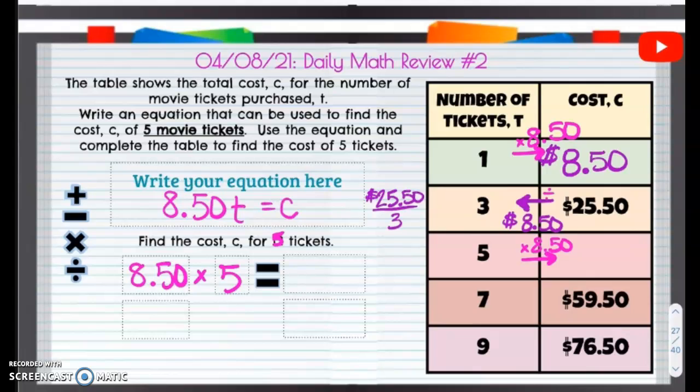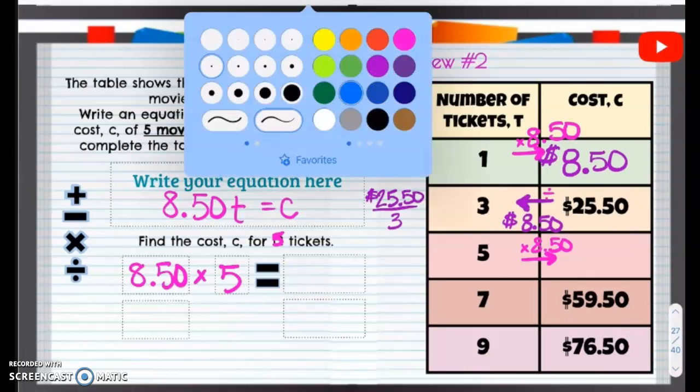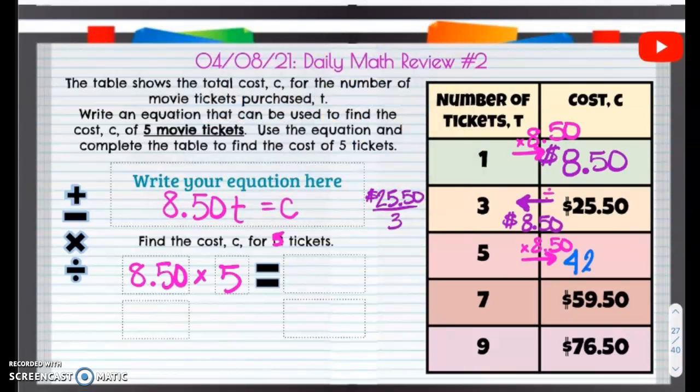If we do $8.50 and multiply that by 5, we get $42.50 equals $42.50. So the cost is going to be $42.50. That's for 5 tickets.